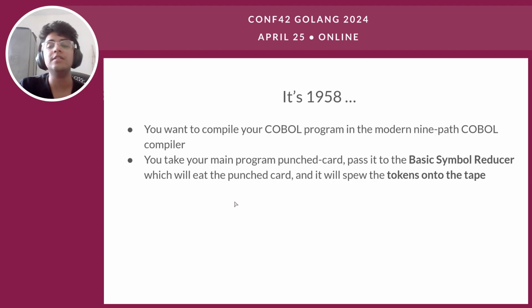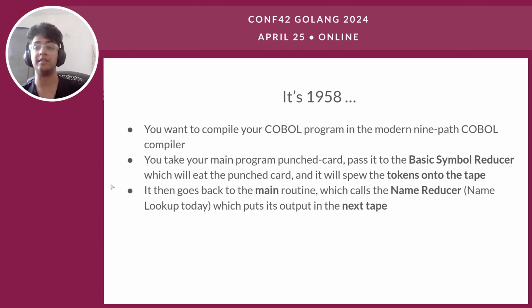Now these tokens become the input to your parser. In this case, that's your basic name reducer, or name lookup as it's called today, which puts the output into the next state. What's happening here is sort of like our first subroutine example.